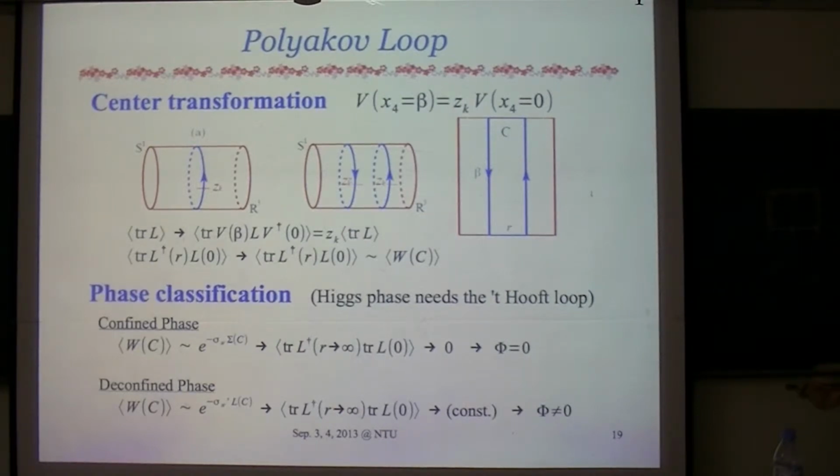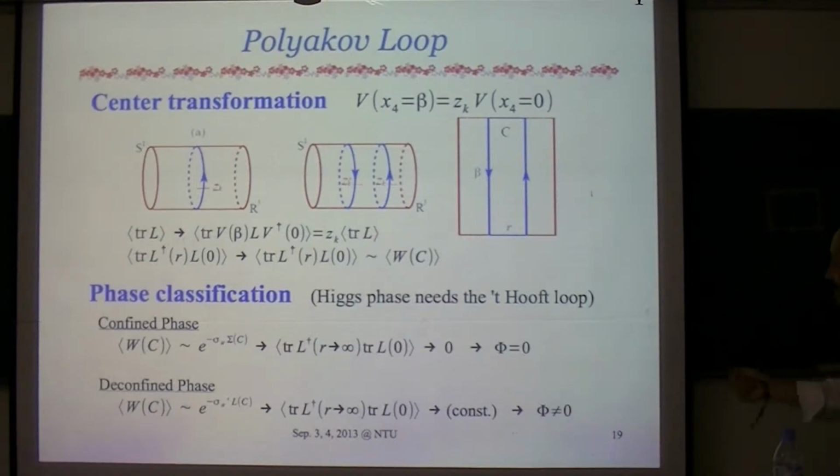If you have one winding configuration like this, this is nothing but a Polyakov loop. This twisted boundary condition is introduced by changing the link variable at some point, so this quantity is multiplied by this z_k.